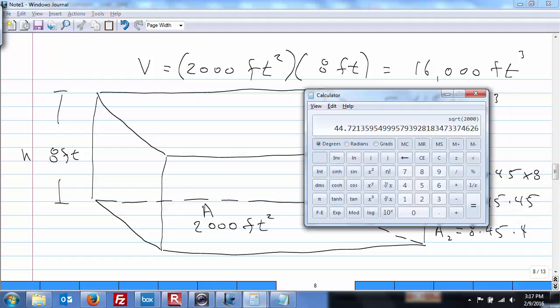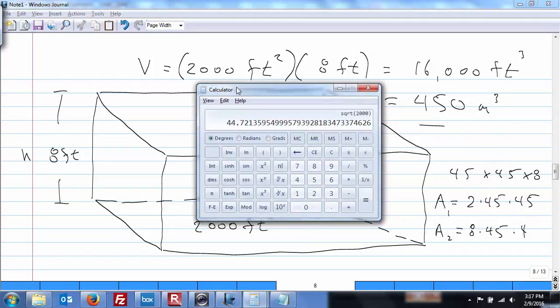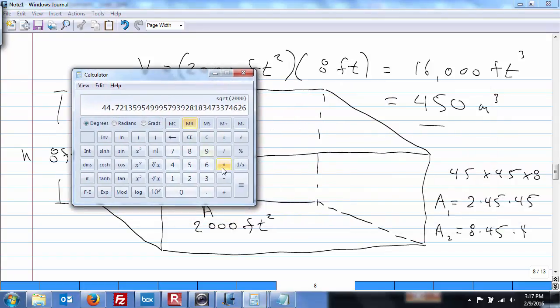So let's go back to our calculator. 45 times, and I'm going to just use 3 sig digs here, times 2 equals 4,000. Does that sound right? Yeah, if it's a 2,000 square foot house, single level, top and bottom, okay.